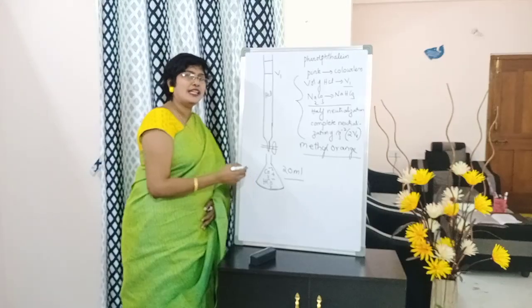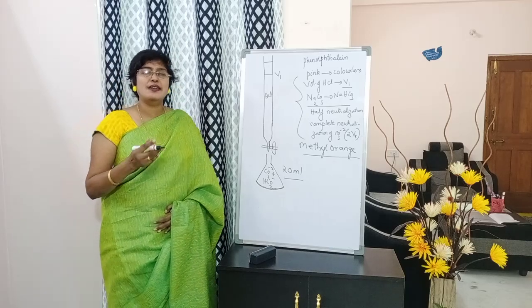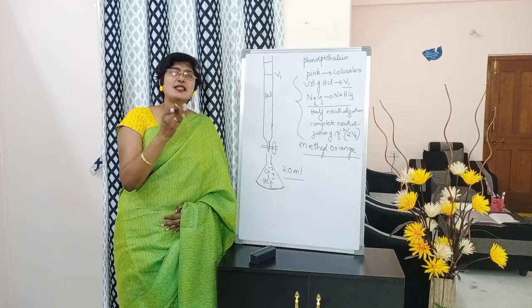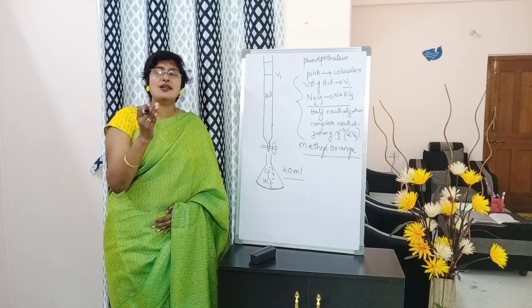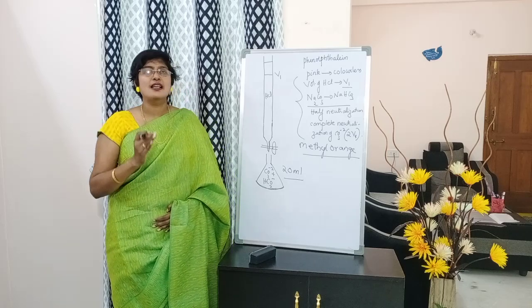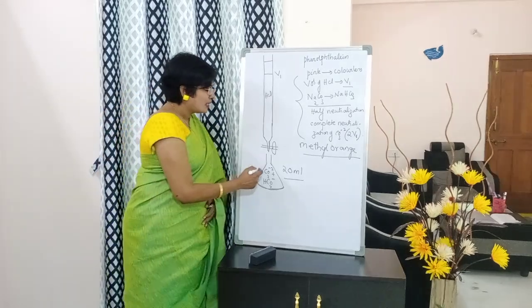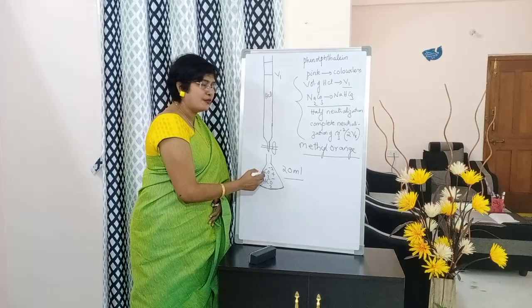In this conical flask, previously when we started the experiment, there were carbonate as well as bicarbonate. Okay. We started the reaction. So how did we start the reaction? By titrating with HCl. So what have we learned? Some part of HCl is used for the neutralization of CO3 2-.